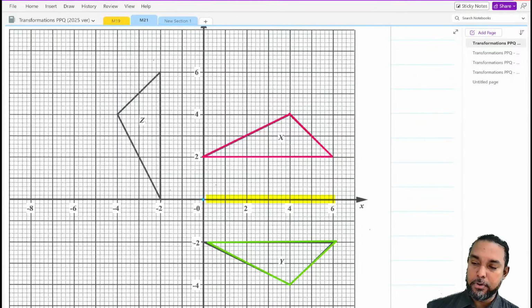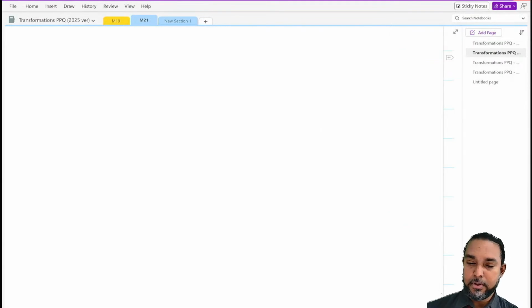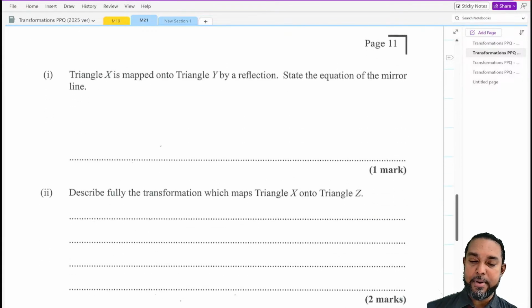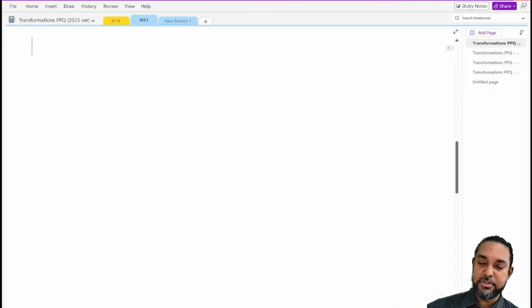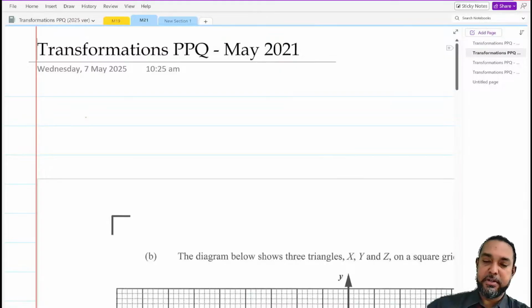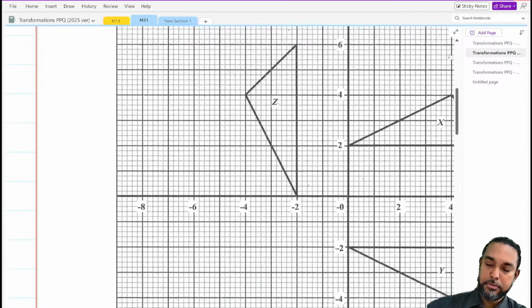All right. So hold on. What is the question asking us? Triangle X is mapped onto triangle Y by a reflection. We just said that, right? So what's the mirror line there? The axis of reflection? The x-axis, right? So let's fill it in.